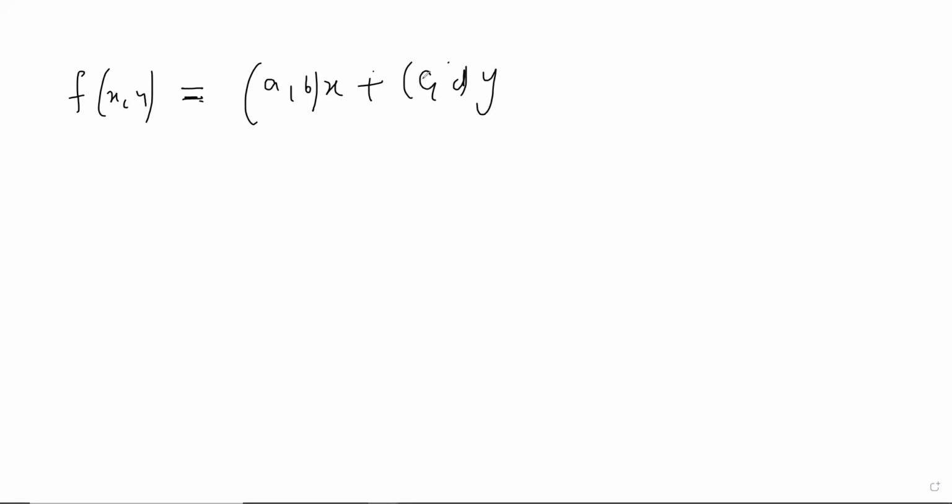And this a b c d does not depend on x and y. This a b c d is universal. Once you find these a b c d, you are done, right? And we know what this a b is. This a comma b is nothing but f of 1 comma 0, at least the way we have done, right? And this is nothing but c comma d.